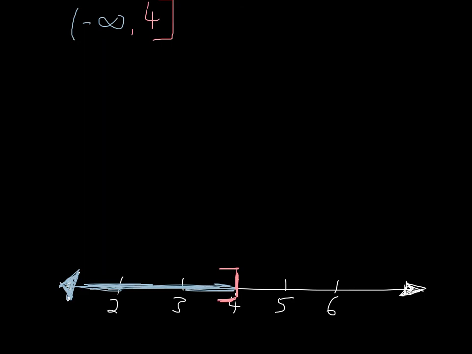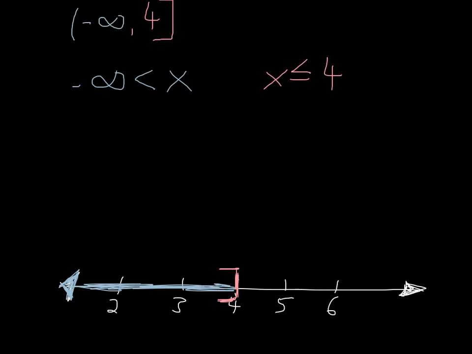So what does it mean, though? Well, let's write it out. We know that negative infinity is going to be less than x. And we also know that x is going to be less than or equal to 4. Is it going to be and or or? Well, since it's between the two things, we know it's and.